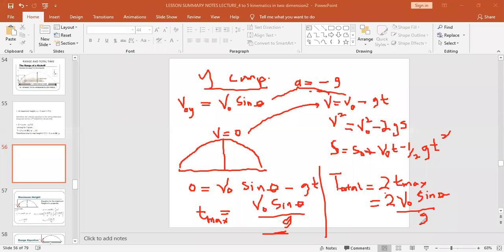Moving on, we are still in the Y, vertical direction. So let's find the maximum height, that will be H maximum or S maximum. How can we get maximum height? At maximum height, we know the velocity there is 0. So we know the final velocity, the initial velocity, and the time it takes to get to maximum height.